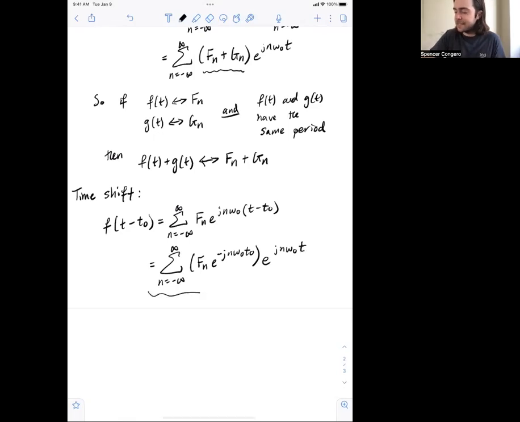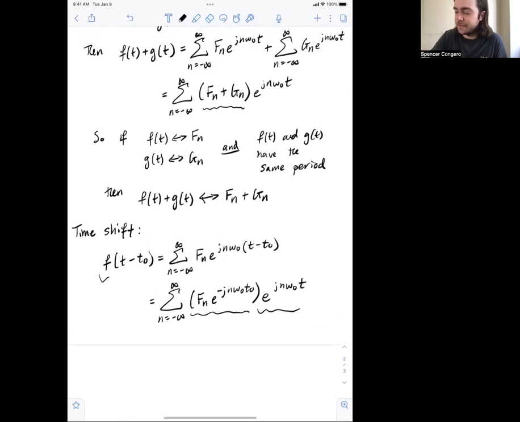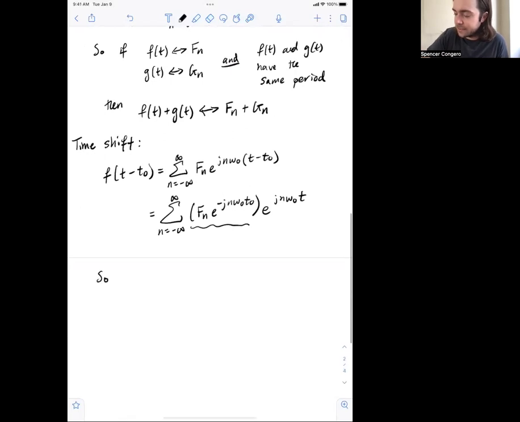Again, look at this. This is a Fourier series. And so it has to be the Fourier series of f of t minus t naught, because we have a bunch of complex numbers times e to the j n omega naught t. We know that omega naught is accurate because the fundamental frequency hasn't changed, so we just shifted our function in time. So those are the Fourier series coefficients. And we can summarize this property.